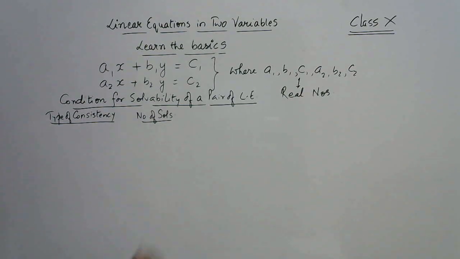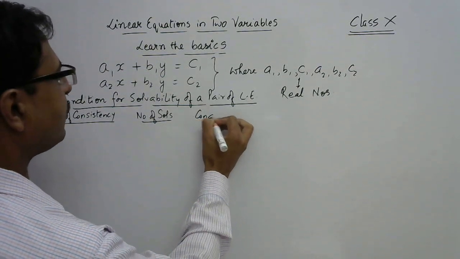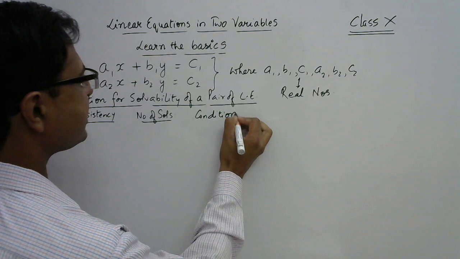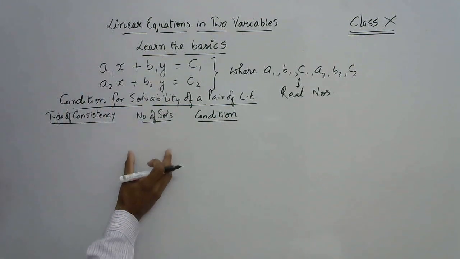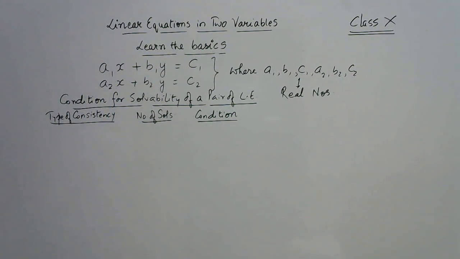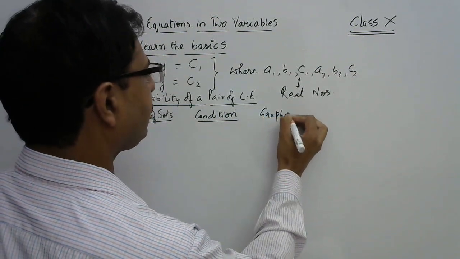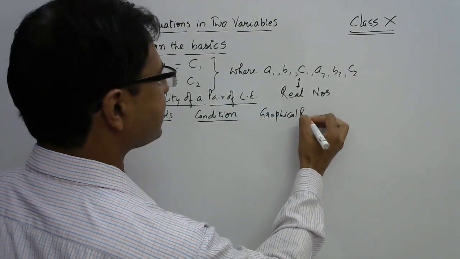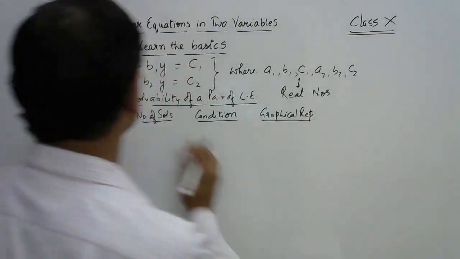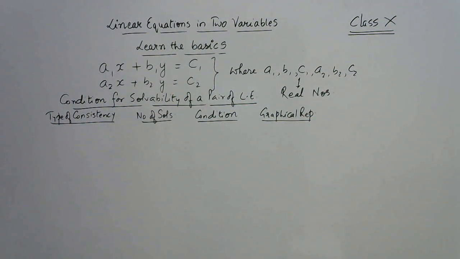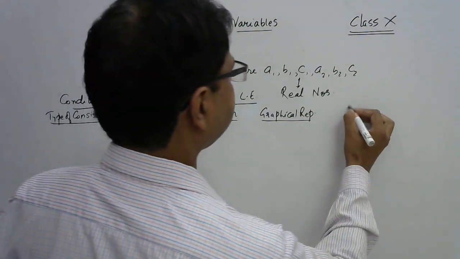Then we have the condition it should satisfy so that it has a particular number of solutions. Then we have the graphical representation of the two linear equations, and finally the graph.